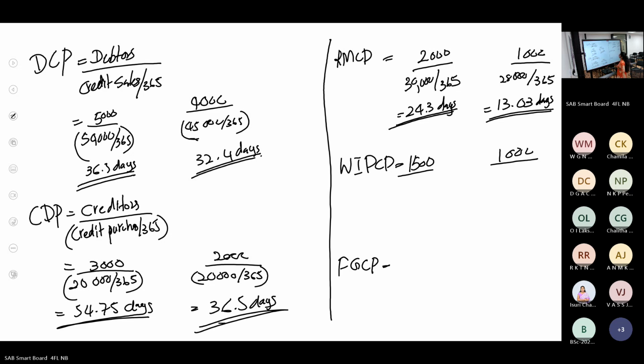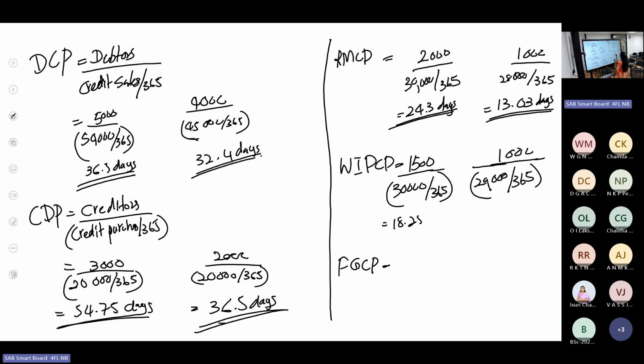Cost of production is 30,000 and 29,000 for 2024. It is 12.58 days, 12.5.